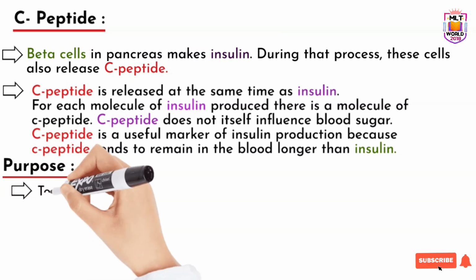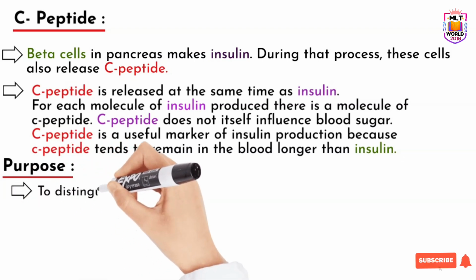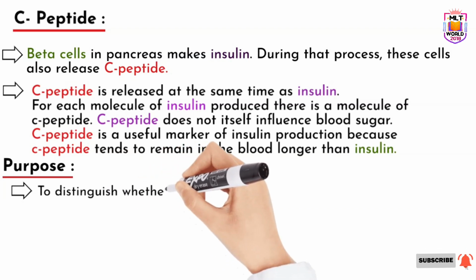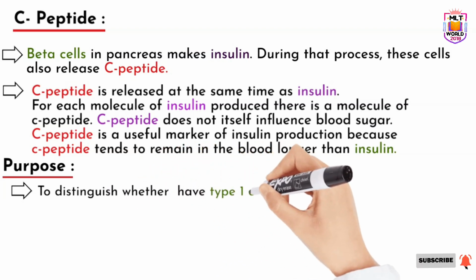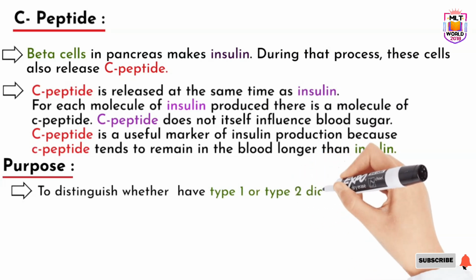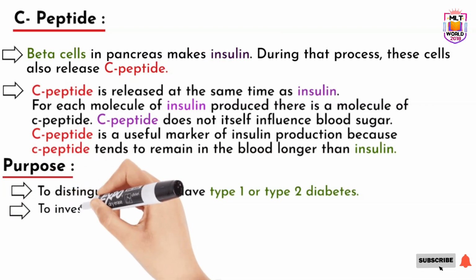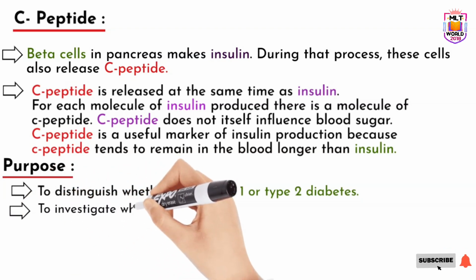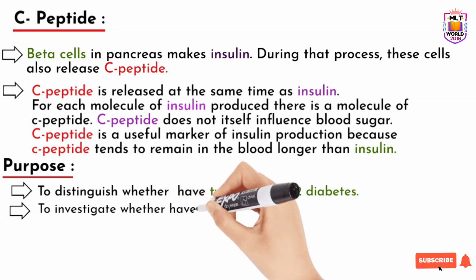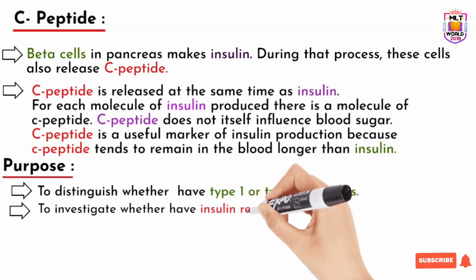What is the purpose, or why is this test important? First of all, the main important thing is to distinguish between type 1 and type 2 diabetes, that later on in results you will understand how we can distinguish. Next is to investigate if any patient is insulin resistant or not.